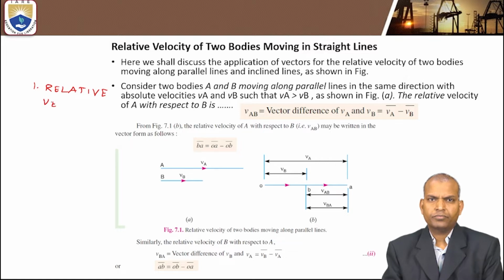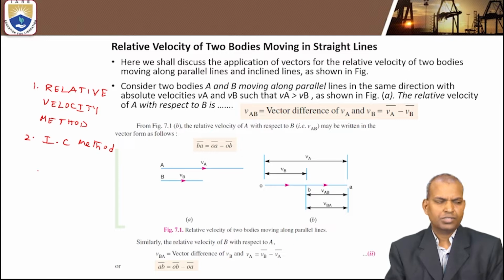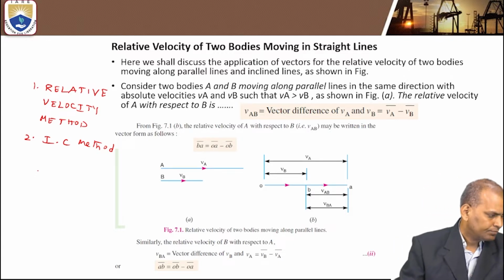Relative velocity method, and the second one is the IC method. That means it is the instantaneous center method.